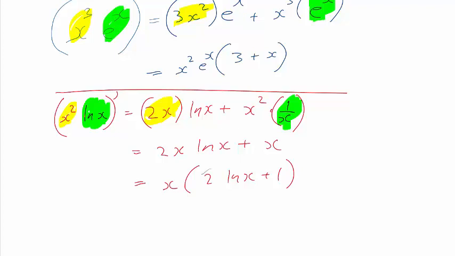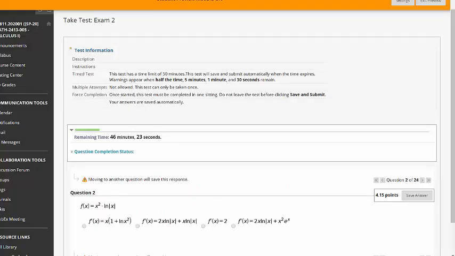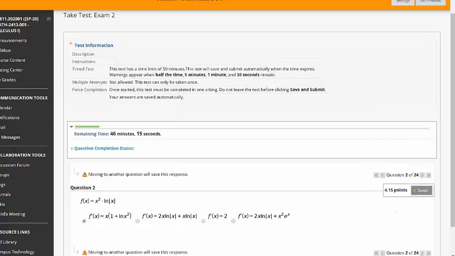Note that we can take this 2 and move it up, and so we're going to have x times the natural log of x squared plus 1. So let's go back to our answer choices. It looks like that first guy is the correct answer, and the rest of them were either just red herrings or just flat out wrong.